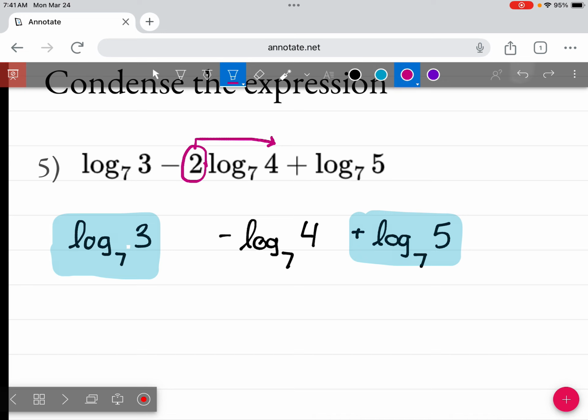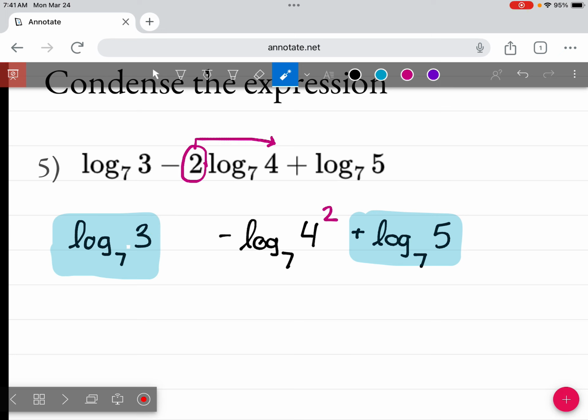I got distracted. 4 squared. Thank you. So those pieces are both positive. What I mean by that is they're like positive log base 7 of 3 plus log base 7 of 5. And we have that minus log base 7 of 4 squared. This guy is going to wind up being our subtraction becomes division. But these two pieces are positive.